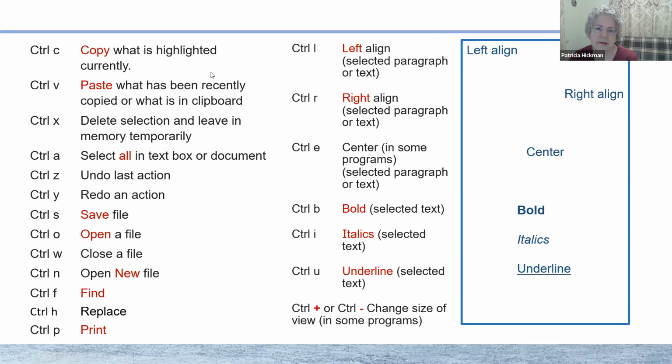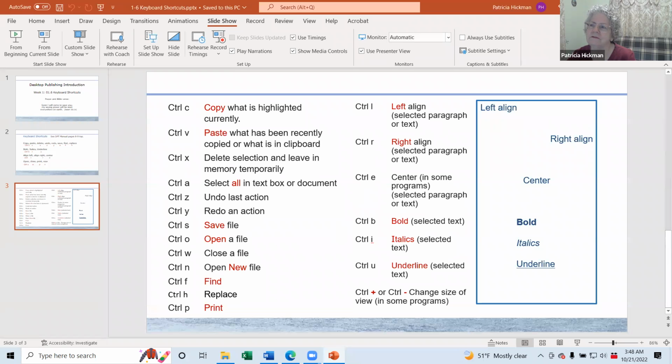Here's some more explanations. These are keyboard shortcuts, and this is what will happen when you do this keyboard shortcut. You hold the control key down and type one of these letters to get this action.